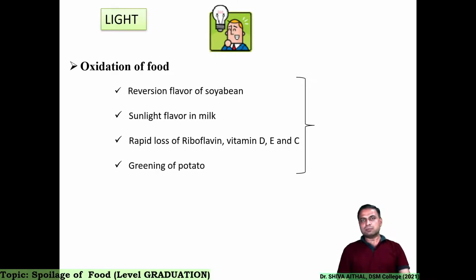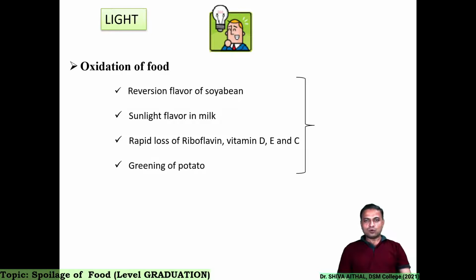If soybean is exposed to light, an off flavor is achieved. Sunlight flavor in milk, if you keep the milk in sunlight, is not desirable. Rapid loss of riboflavin and vitamins D, E and C takes place in food kept in light.